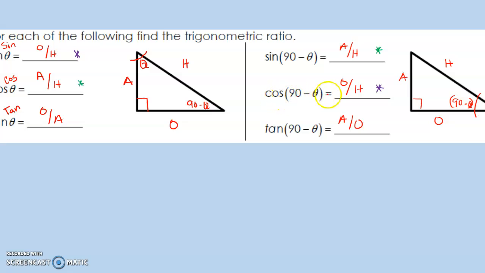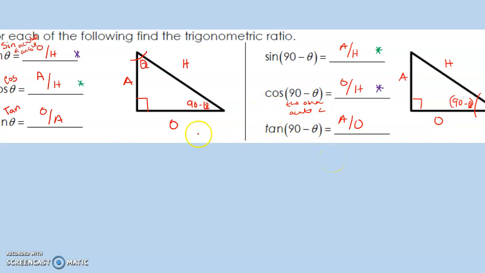It equals the same as the cosine of the other acute angle. If I have the cosine of one acute angle, it equals the sine of the other acute angle.